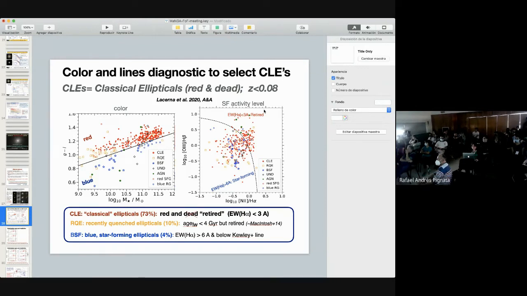And about the groups, by the moment we didn't study the environment, or those galaxies that are in groups or in the field. But there is a value added catalog of MaNGA by Argudo, where for each one of the 10,000 galaxies they have the environment.